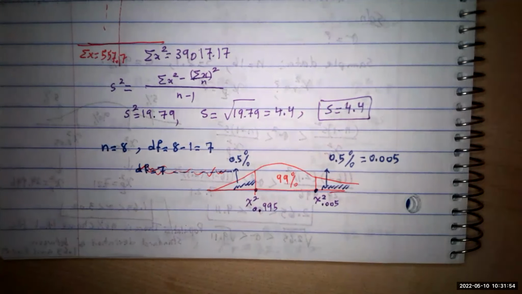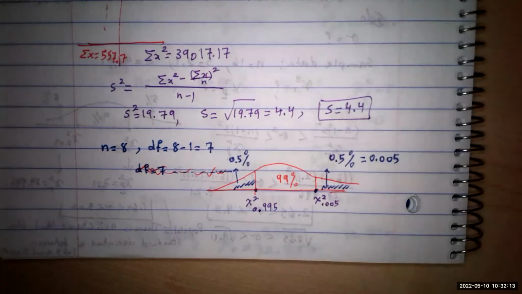You've got to be careful because on the table you do have the 99 and the 99.5% to get these numbers. I moved the decimal to change it from percent into decimals.